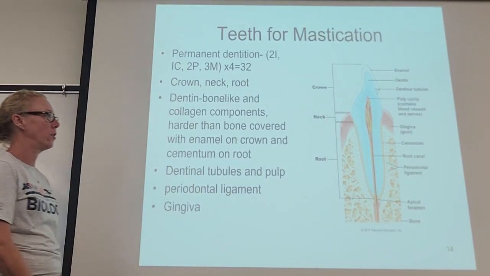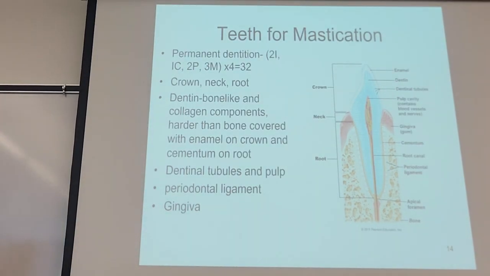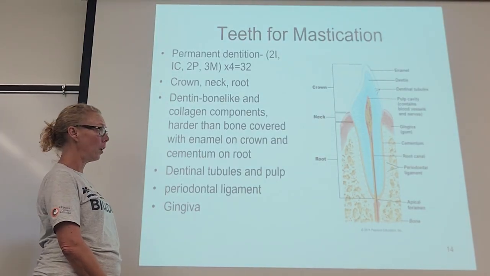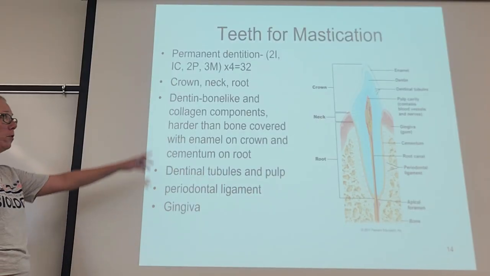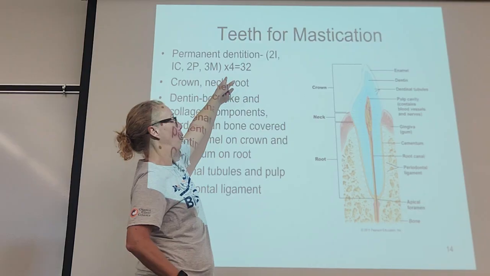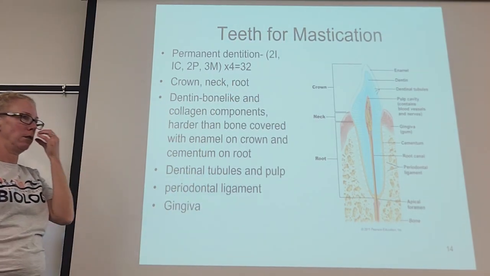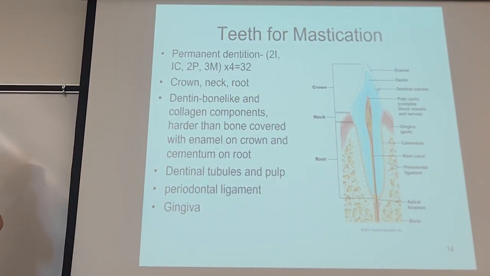So teeth for mastication. Mastication, of course, chewing. Sounds like masseter, right? We're just talking about adult teeth. So we have 32 adult teeth, and if we break it into quadrants, times 4, okay? So top left, top right, bottom left, bottom right.